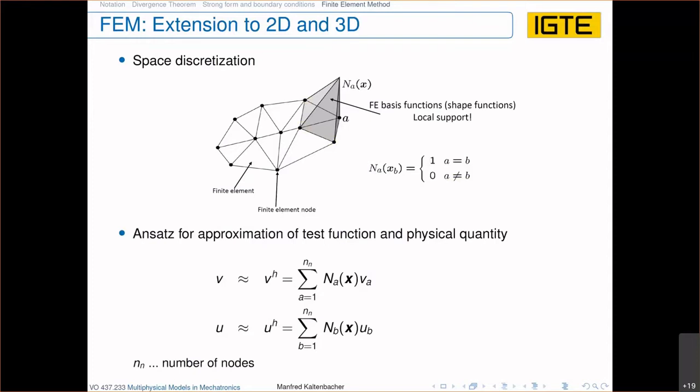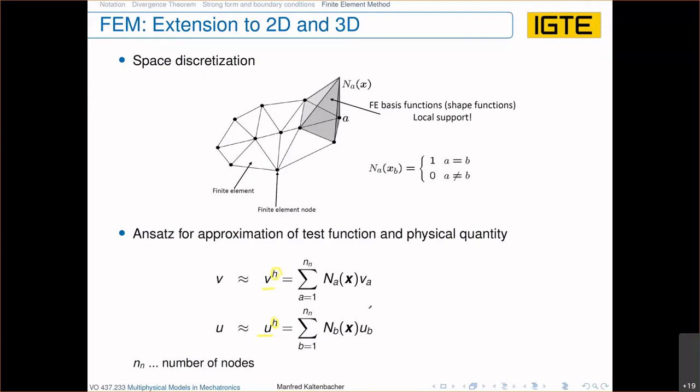Okay, so now after space discretization, we can go on and do the approximation of our test function and of the physical quantity. And this is, as you can see here, exactly the same as we have done it for the 1D case, that now the discrete test function and the discrete unknown, that is discrete because this h is always the symbol that something has been discretized, is equal to a sum of the basis functions multiplied by coefficients.